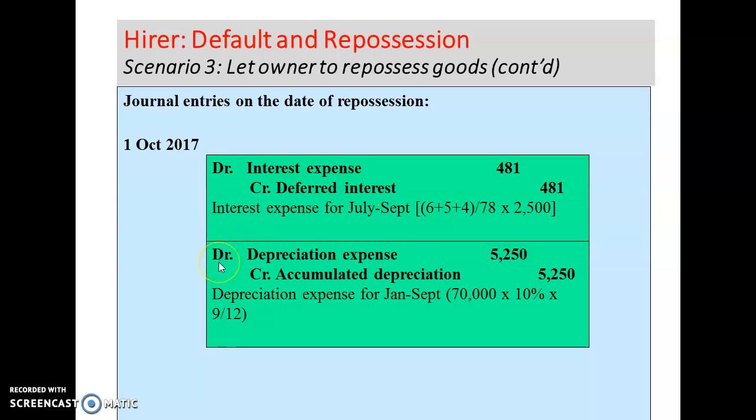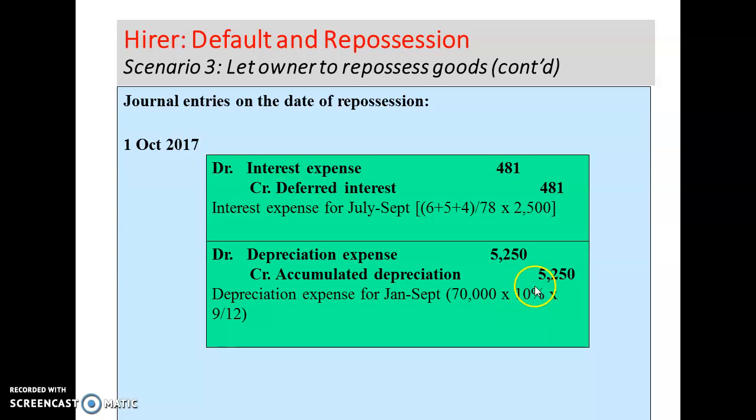Then make sure you also calculate all the depreciation charge and the accumulated depreciation from the beginning of the hire purchase term until the repossession date. The repossession date is in October, so we're going to calculate the depreciation charge up to September. It's basically the cash price, the cost of the asset, divided by 10 years, or times 10%, it will give the same answer.